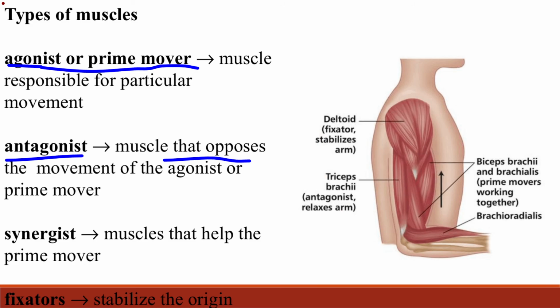Okay, and so we have the brachioradialis that is helping, and then we have the deltoid that is a stabilizer here, for example. Now, again, whether something is an agonist or an antagonist depends on the movement. So if I were extending my arm, the triceps would be the agonist and the biceps would be the antagonist if I were extending the elbow. Okay, so it depends on the particular movement.